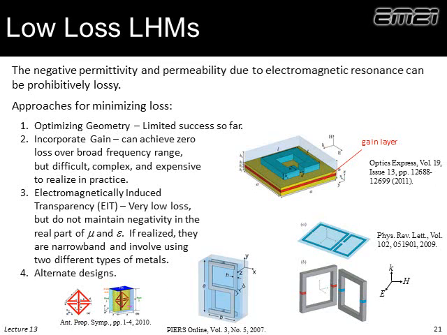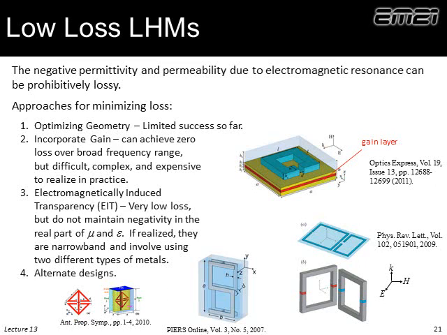Well, usually the metallic elements are very lossy, so there is a lot of work now to realize left-handed metamaterials that don't have the same loss. So how are people doing that? Well, one is just coming up with better resonators that are a little bit more efficient, optimizing the geometry. And in my experience, that has had somewhat limited success so far.